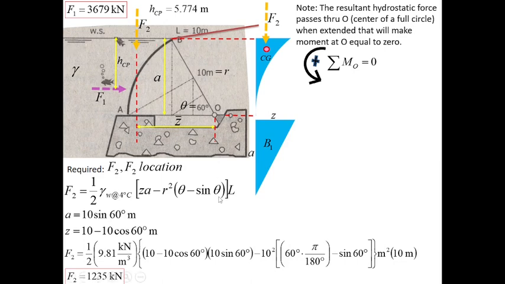So, meron tayong F2 times Z-bar. Dapat perpendicular yan, ha? Tapos, ito naman, pa-counterclockwise with respect to O. Sorry, clockwise.